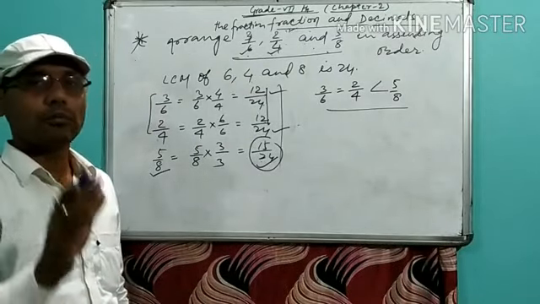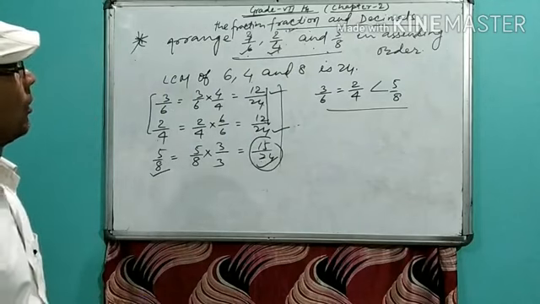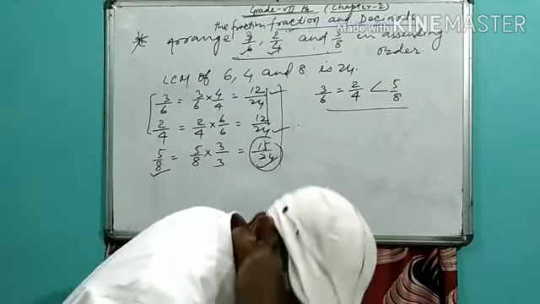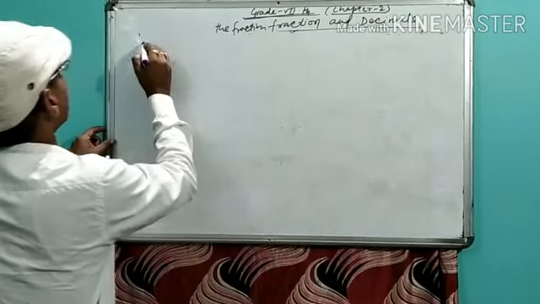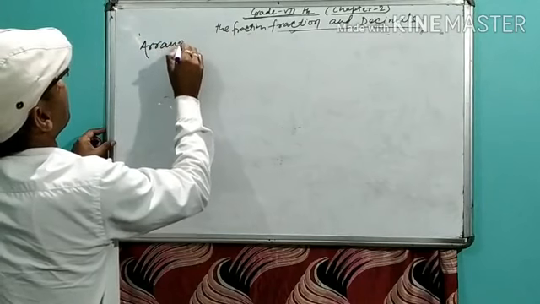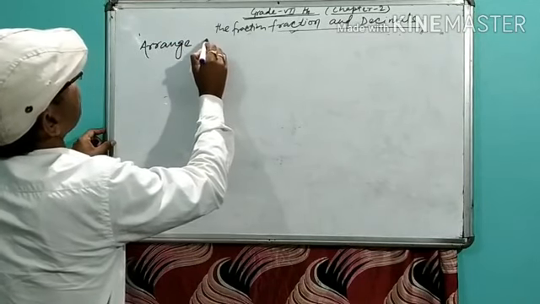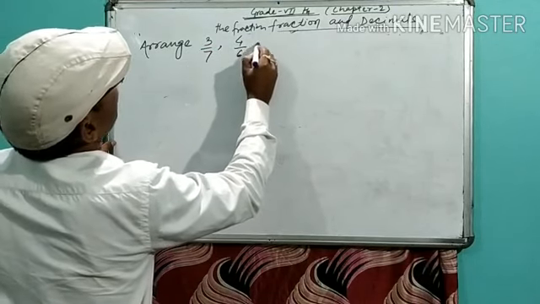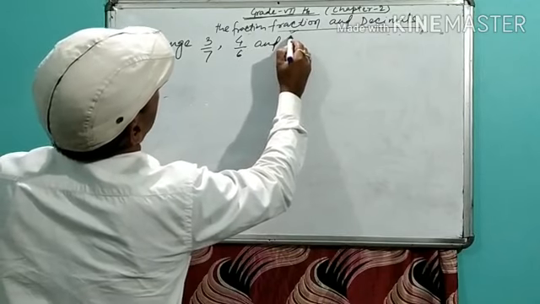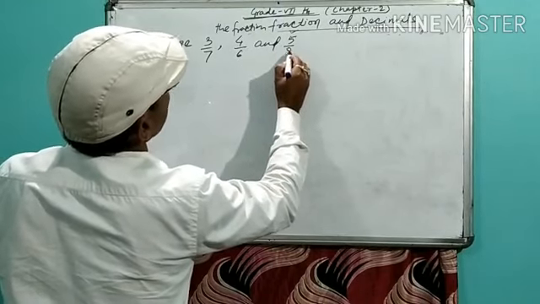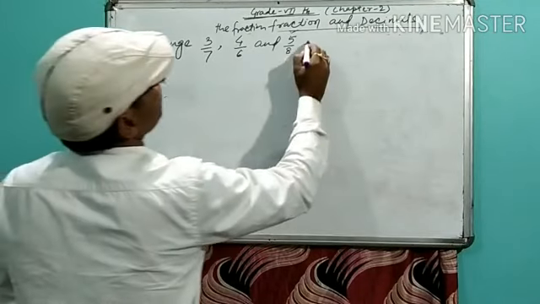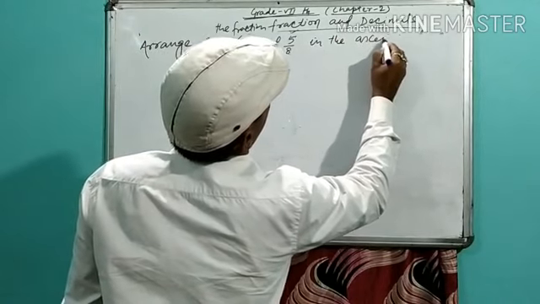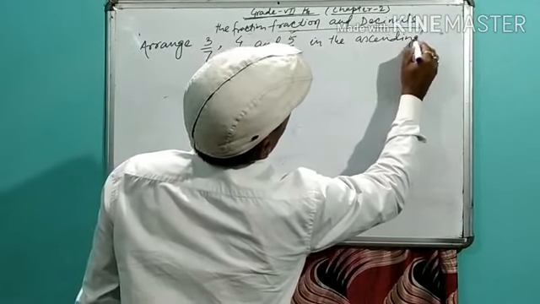Now I am taking another example. Arrange 3 by 7, 4 by 6 and 5 by 8 in the ascending order.